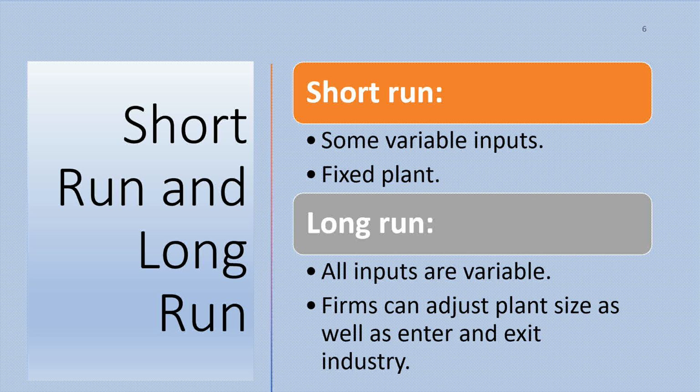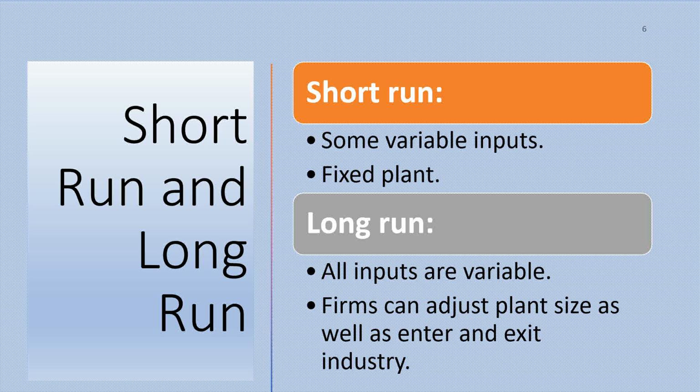But it's going to take you a lot longer to double the size of the floor space in your plant. So there's a fixed input here. The short run is defined in economics as that length of time during which you have a fixed input. There's always a fixed input. In the long run, all inputs are variable. Firms can adjust their plant size as well as enter and exit the industry.